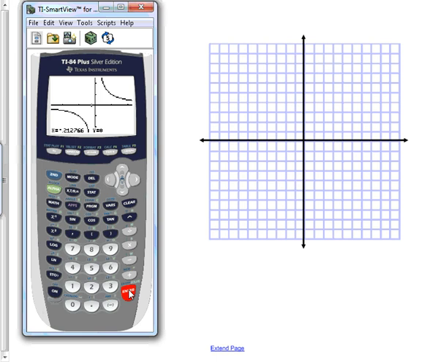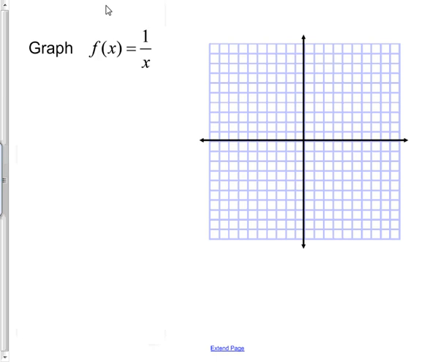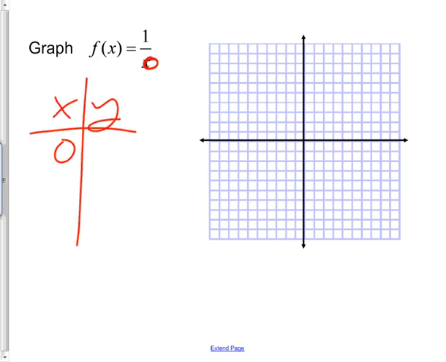All right, so let's talk about why it is that way. Well, x, y. Let's pick some numbers and try it. Okay, if I stick in a 0 for x, this gets weird. What's 1 over 0? See, there's two things. There's 0 over 1, and that's one thing, and there's 1 over 0, and that's a different thing.